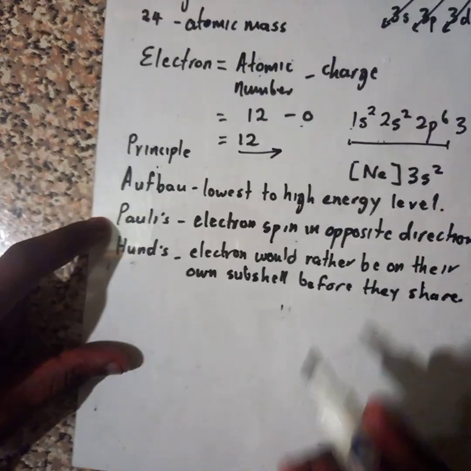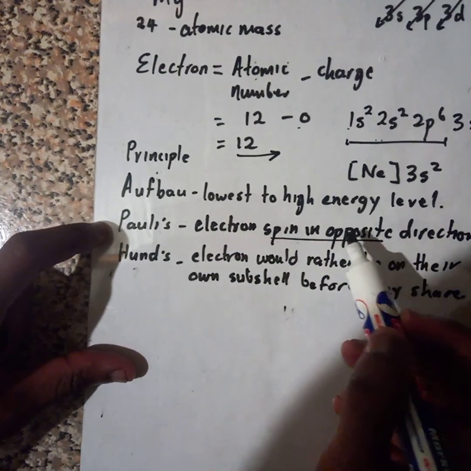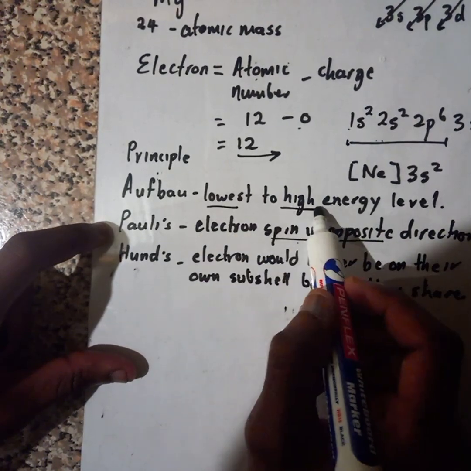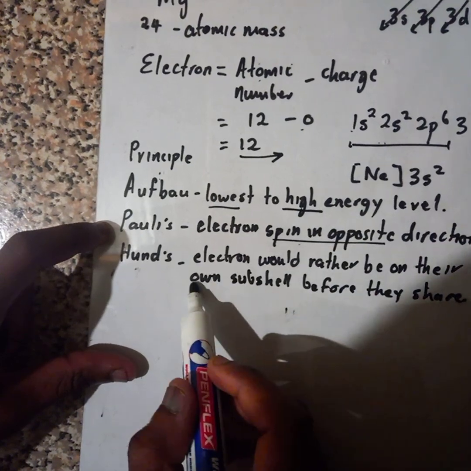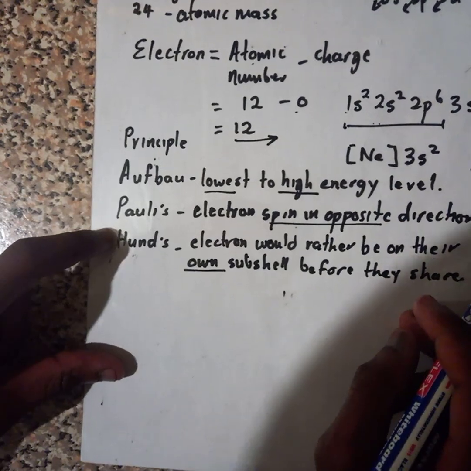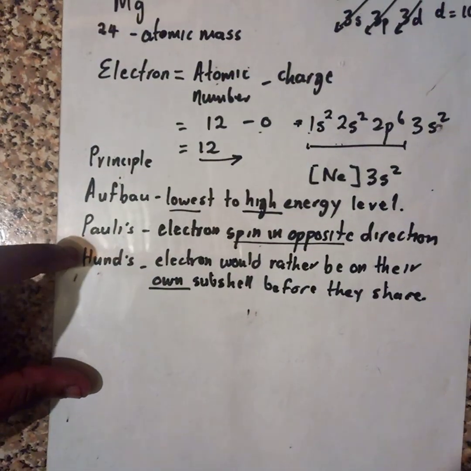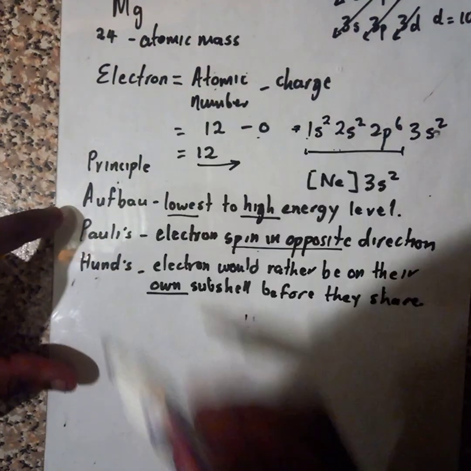Before they share. The keywords: spin in opposite direction, from low to high, be on their own before they share. Now let us use the spectroscopic notation as a guide for us to do an Aufbau diagram for magnesium.